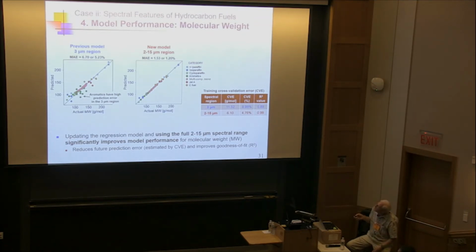If we limit ourselves to the 3 micron region, it does not too bad. But if we use the entire 2 to 15 micron region, which is what we've been doing for the last 2 years, I had a student who was very clever. We were measuring the amount of fuel in our shock tube by using the cross-section.